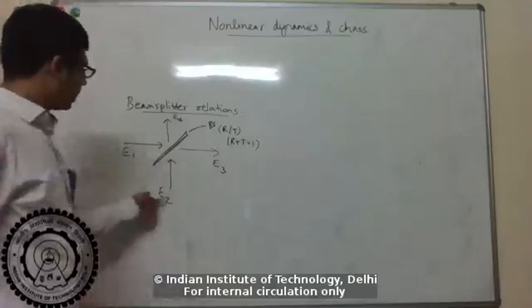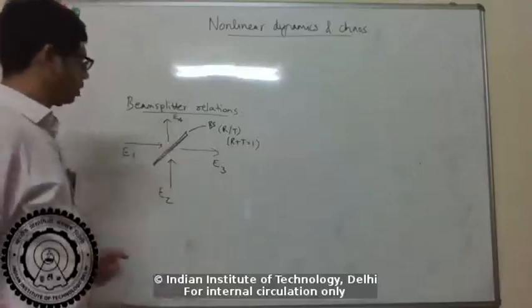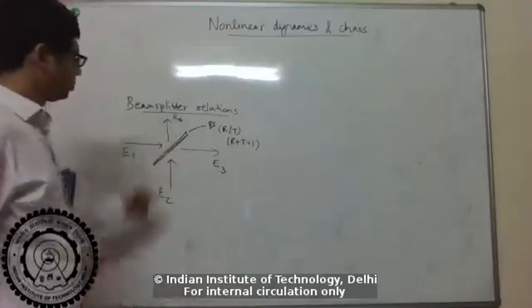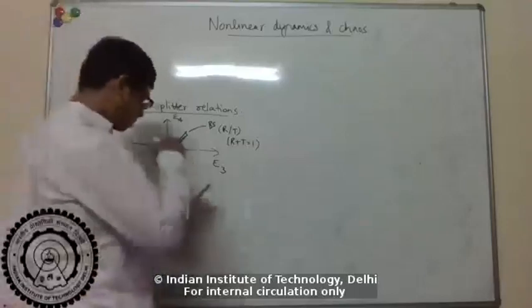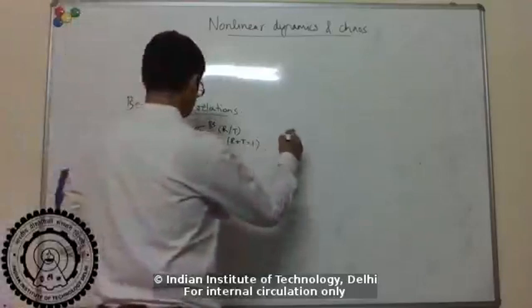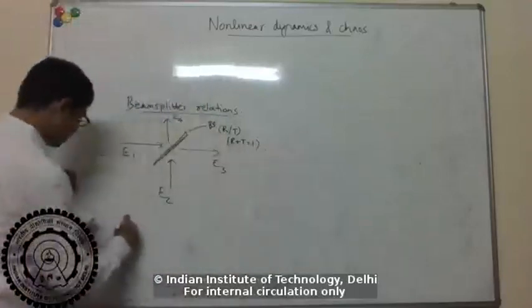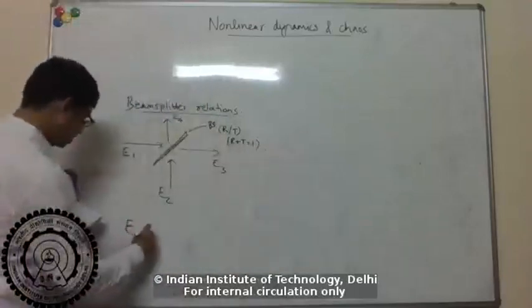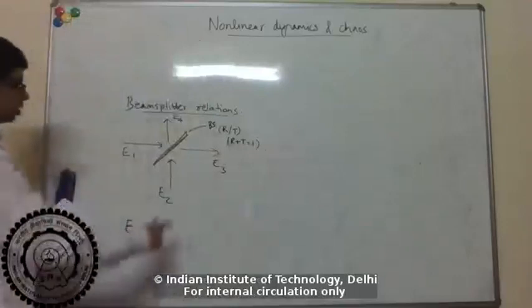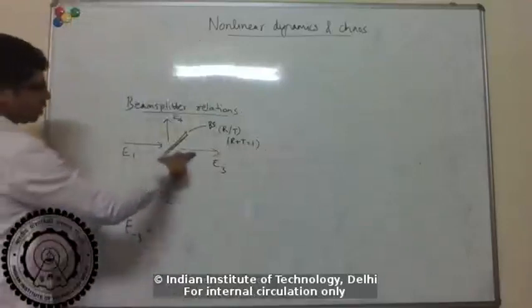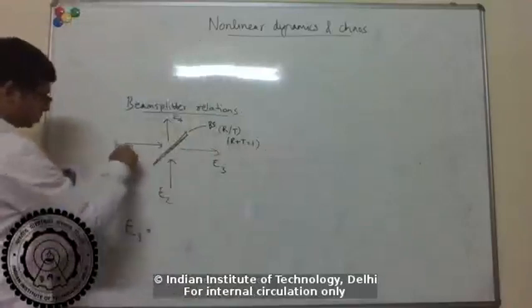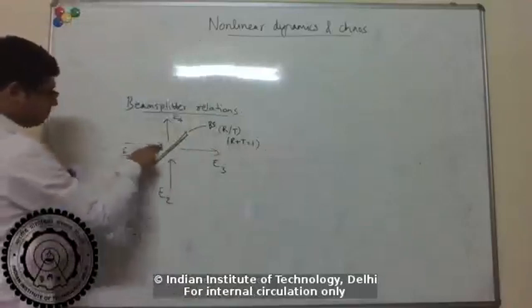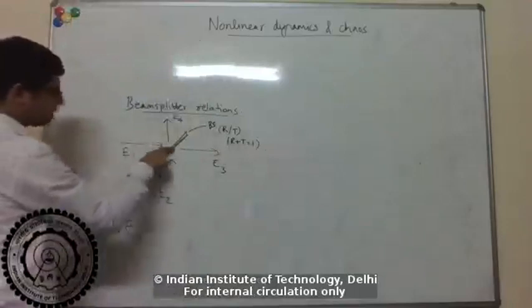But we want to look at how the electric field amplitudes transform. So I can write E3, the one of the output ports, is the fraction of the field E1 which is transmitted.